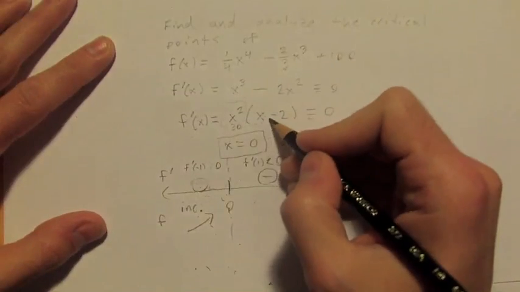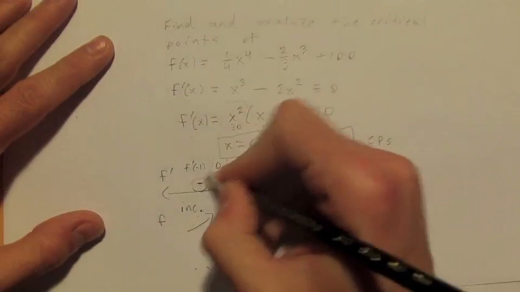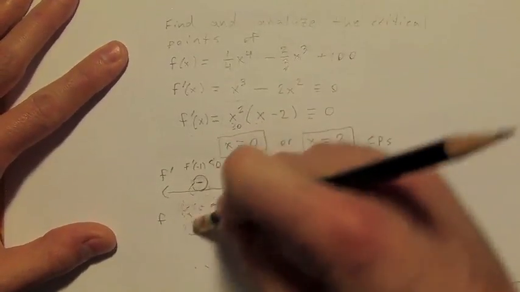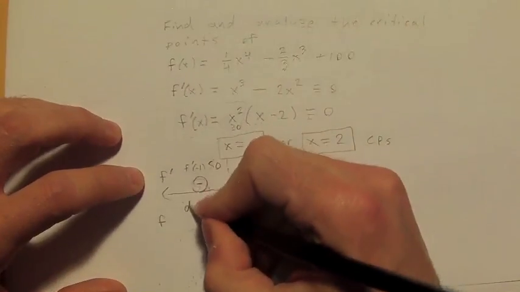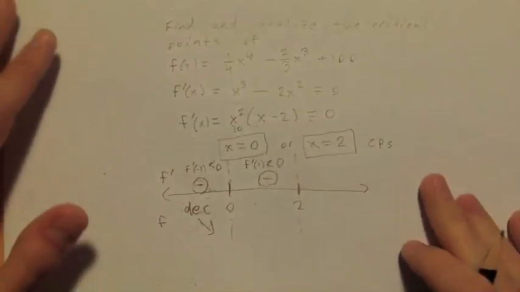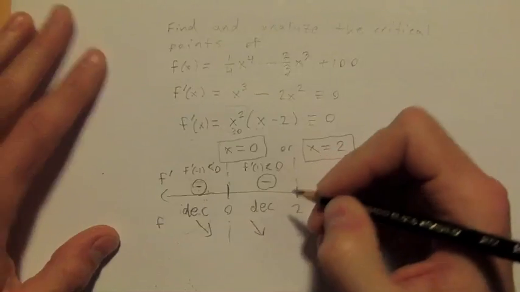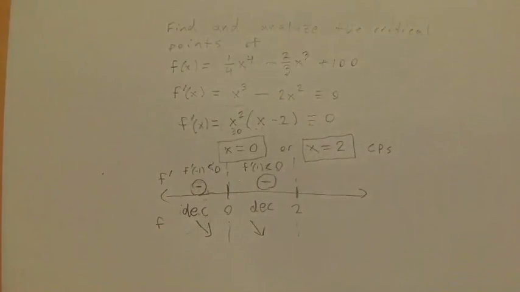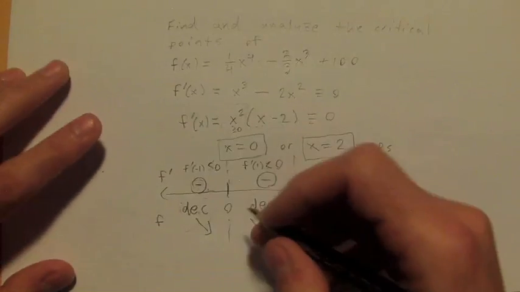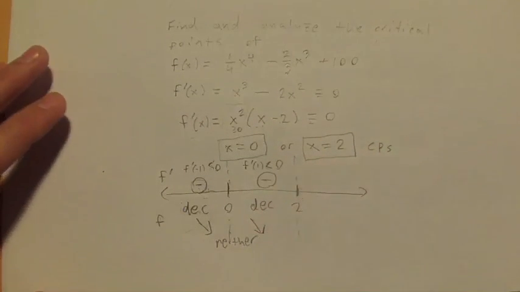When you plug in -1, you get -1 minus 2, which is negative. My bad. So it's decreasing here. Very sorry. But the point of this is that at 0, this is a place where f goes from decreasing to decreasing. So I can already say that this is neither.